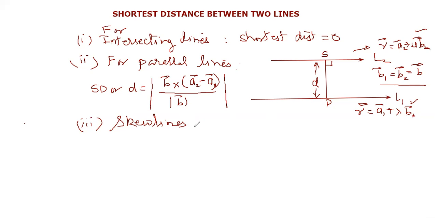Okay. Now for skew lines, the shortest distance is, they are skew lines, neither parallel nor intersecting.